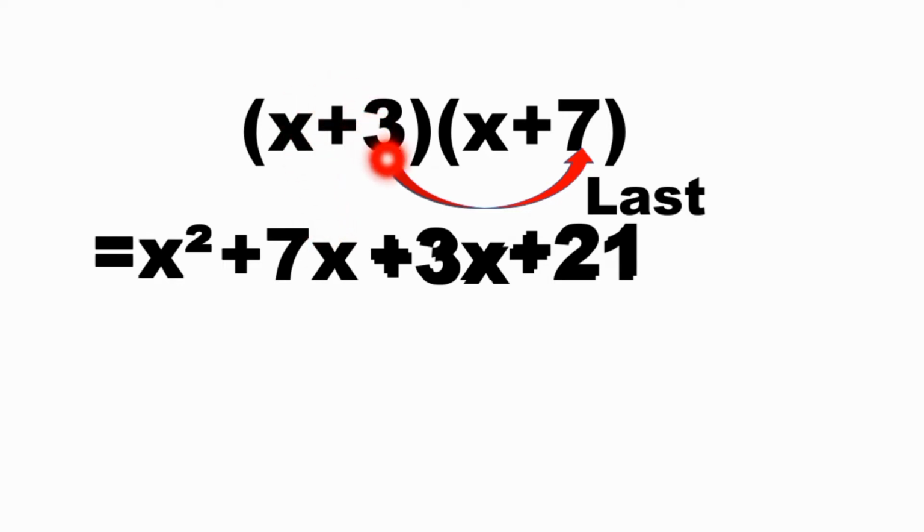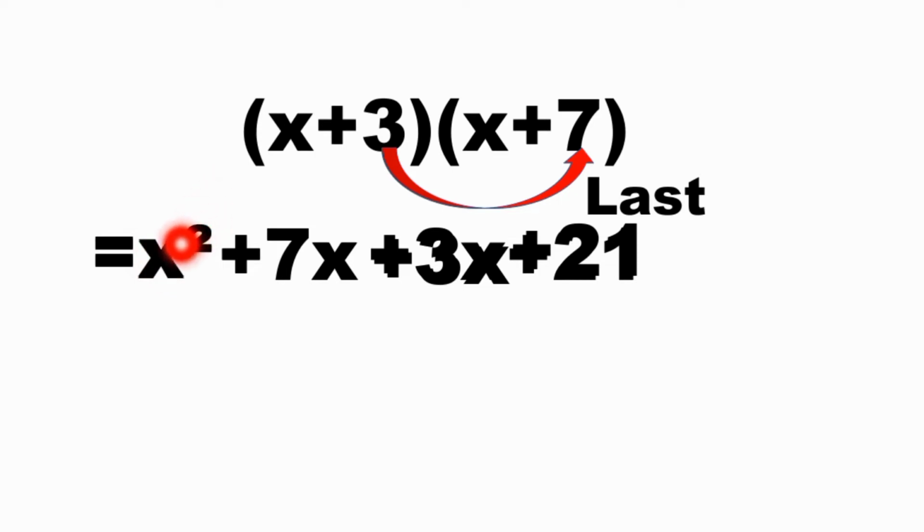The inner: 3 times x is 3x. And the last: 3 times 7 is 21. So FOIL means first, outer, inner, and last.